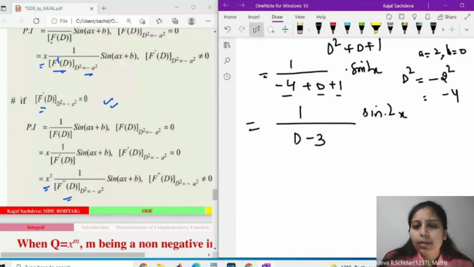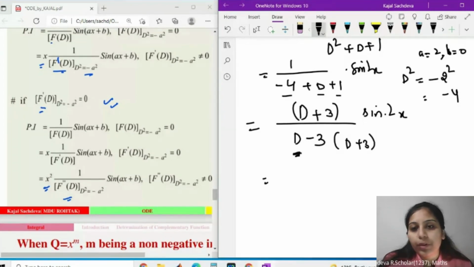I think this is not the complete solution because we still have D in the solution, and the only option is putting D square is equal to minus a square, D square is equal to minus 4. So what we will do here, just rationalize it, multiplying by D plus 3 above and below, by denominator and by numerator both.